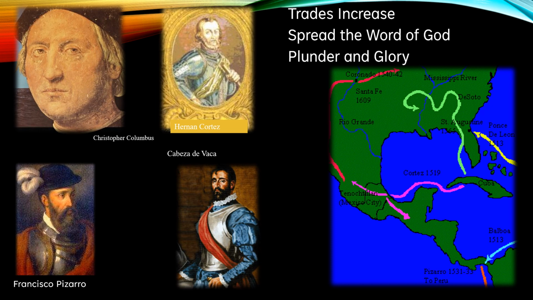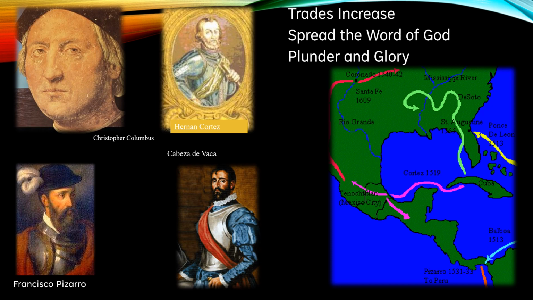Cortez begins moving inland, and he begins to learn things. Now we're going to transition on to the next slide. I have Francisco Pizarro up there, and I have Cabeza de Vaca there. Francisco Pizarro we'll talk about a lot later on. Cabeza de Vaca is going to be another explorer later on.